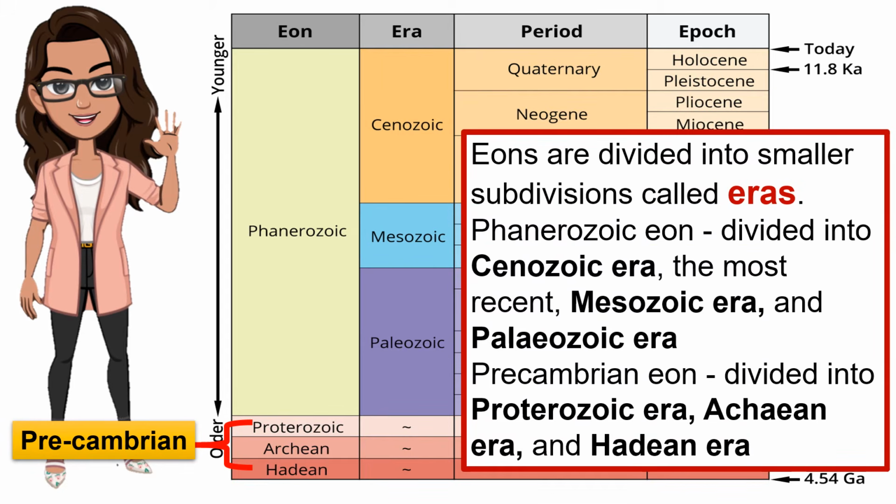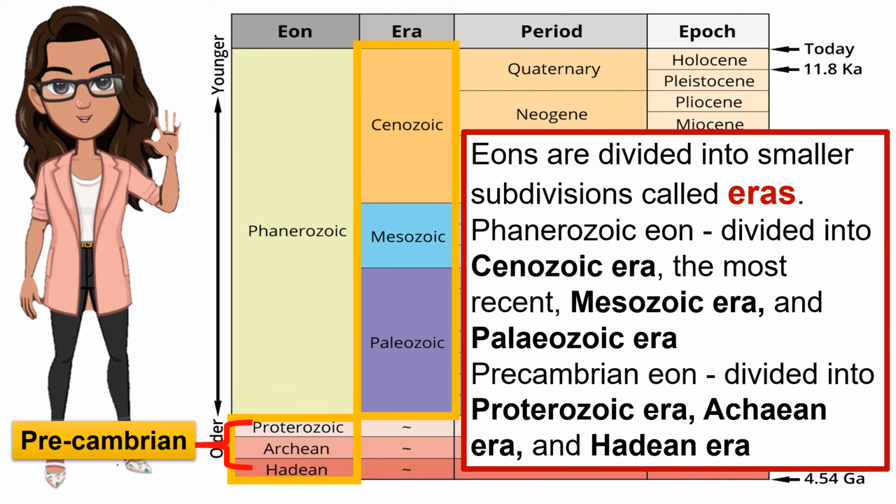Eons are divided into smaller subdivisions called eras. The Phanerozoic eon is divided into the Cenozoic era, the most recent, about 65 million years ago. The Mesozoic era occurs between 65 to 250 million years ago, while the Paleozoic era is about 299 to 542 million years ago.